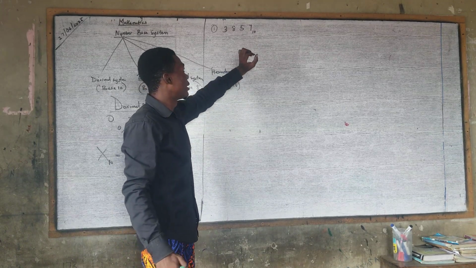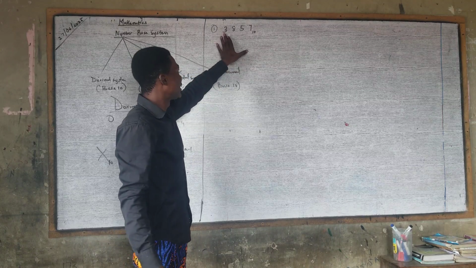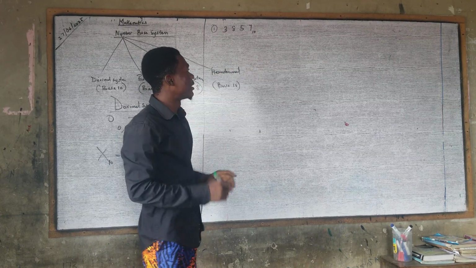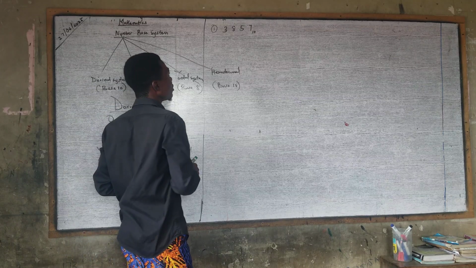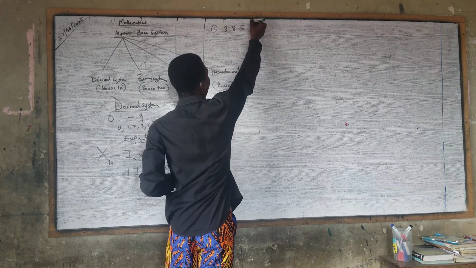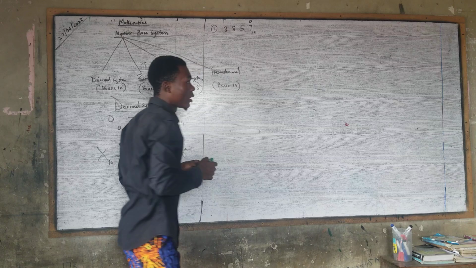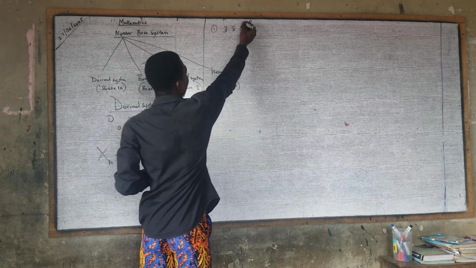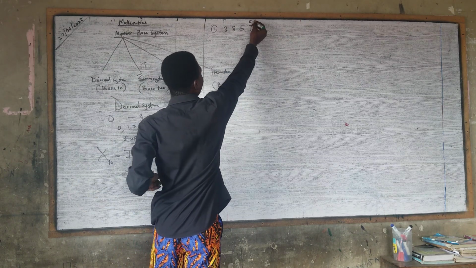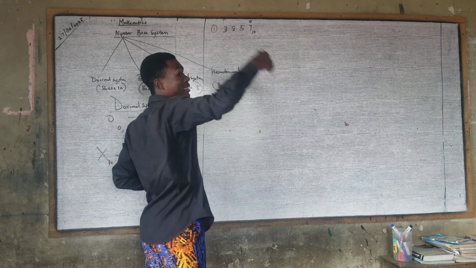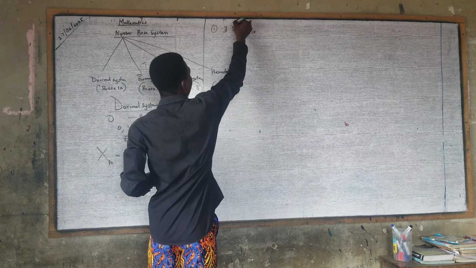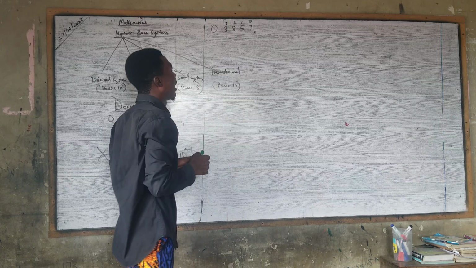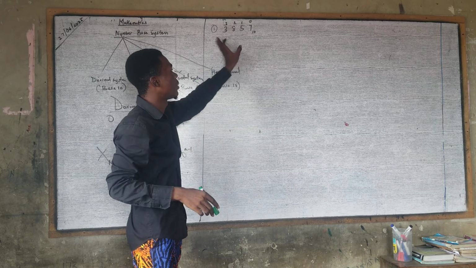Concerning this 3857 in base 10, the first thing we usually do in number base is write the positions in increasing order from 0: 0, 1, 2, 3, for these decimal digits.